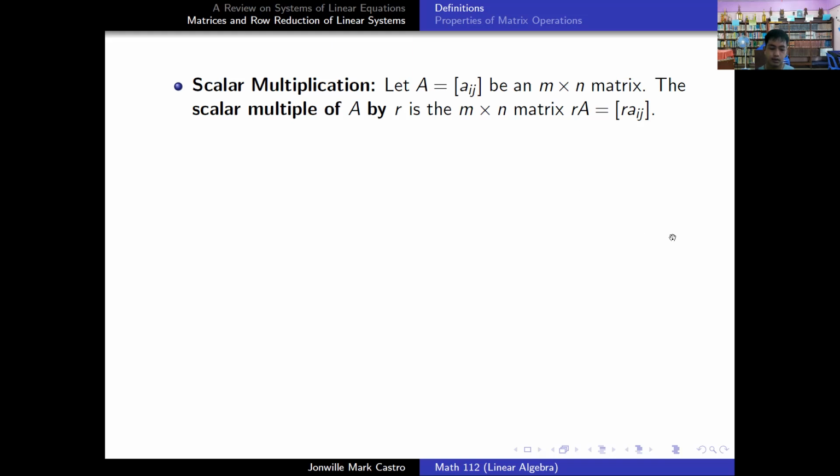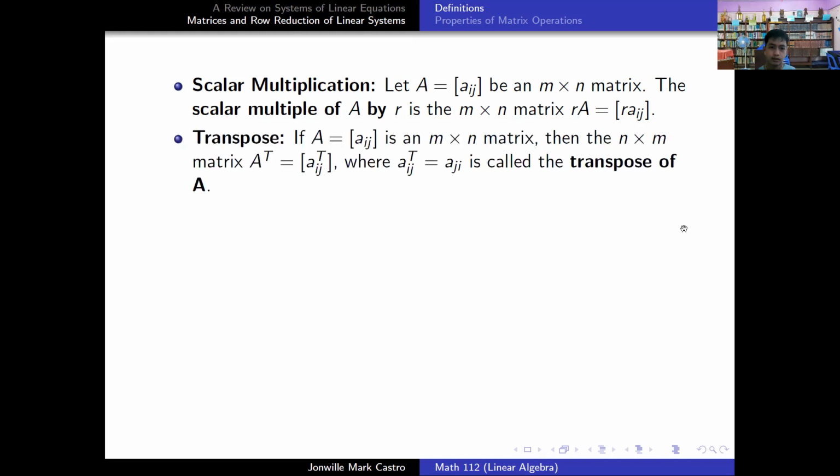Okay? Scalar is a number. Transpose ng isang matrix ay magpapalit lang yung rows tapos yung columns natin. So, halimbawa meron tayong 3x4 matrix, magiging 4x3. Then, yung mga row entries, magiging column entries. And yung mga column entries ay magiging row entries siya.